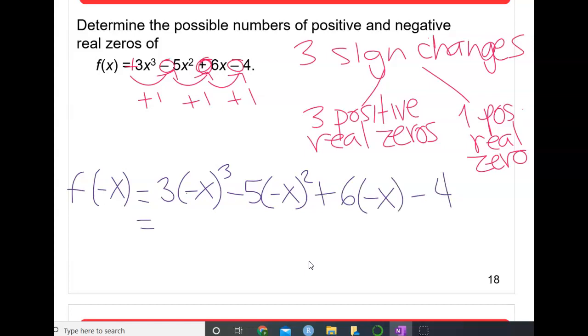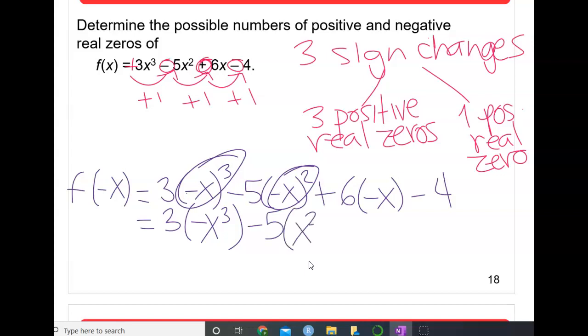From here, we will get negative x cubed. And then from here, I'm going to take care of the exponents first, so I'm still leaving the negative 5 there, and then I'm going to have positive x squared. This one, let's carry out the multiplication, so negative 6x, and then minus 4.